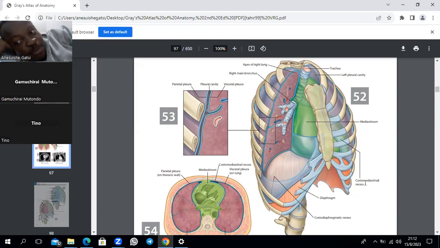So recesses are just pockets of spaces within your pleura. And these spaces allow for the lung to expand into them during inspiration. But even if you fully inspire to whatever extent, you will never completely fill the recess.